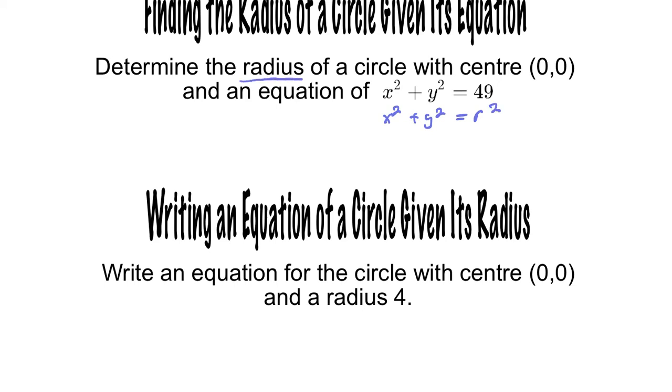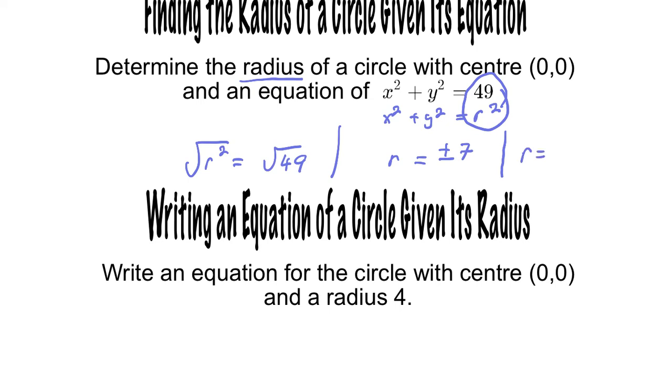If I want the radius, and I know what r squared is, then to find the radius, I square root 49, because the square root of r squared is r, and the square root of 49 is plus or minus 7. Please realize that distance cannot be negative, so r in this case would be simply positive 7. So that's the first style of question.